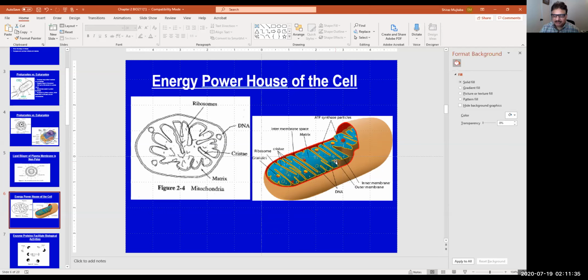So two different cellular bodies came together, and mitochondria became part of the cell to generate ATP. And if you see these structures, this bluish structure is called the matrix. And these folded structures are called cristae. Mitochondria also have their own ribosomes, and that helps in the generation of ATP.